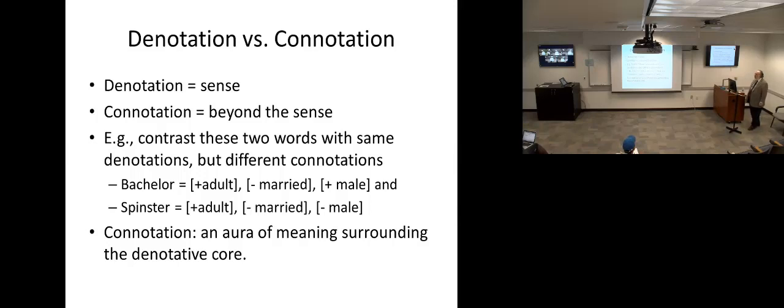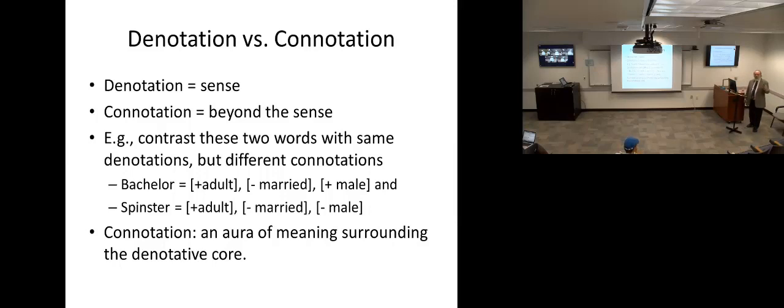But then there is, so to speak, extra meaning. And this extra meaning is called the connotation of the word. The denotation is the regular meaning that everybody agrees on.